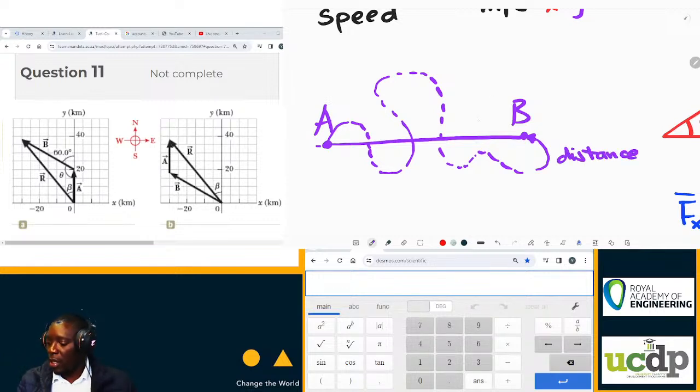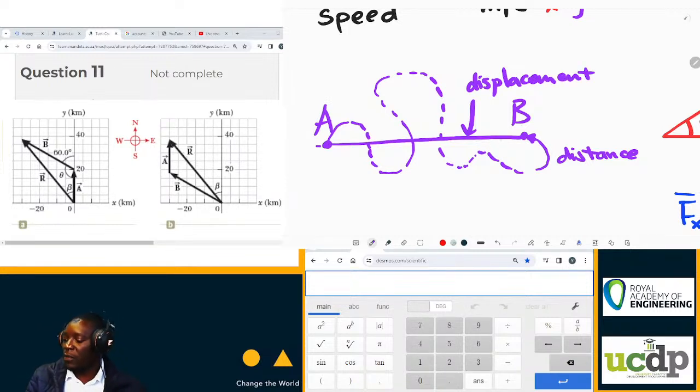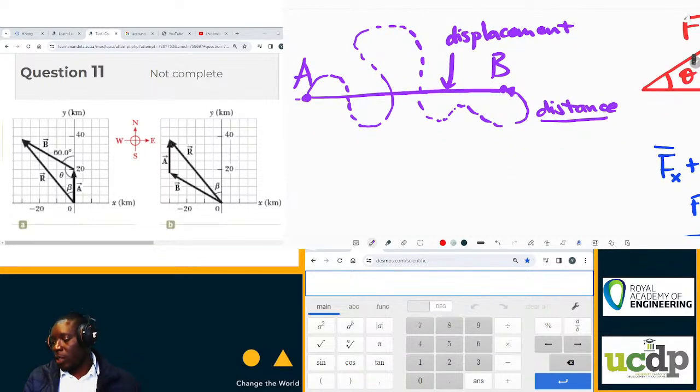So A and B can be the same points, but when we look at displacement and distance, we're looking at the straight line joining point A and B being the displacement, whereas the length of the path traversed in moving from A to B gives us the distance. So that is the difference between the two. The distance in this case will be greater than the magnitude of the displacement itself.